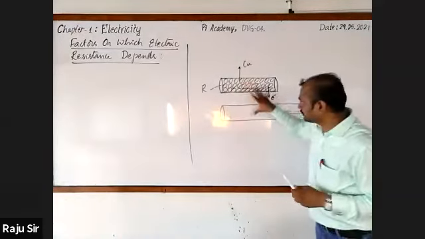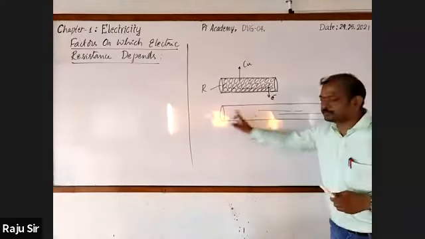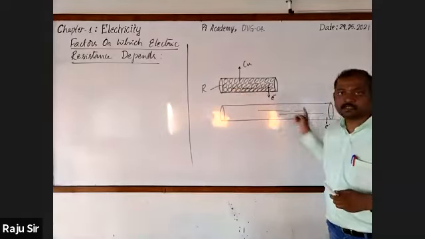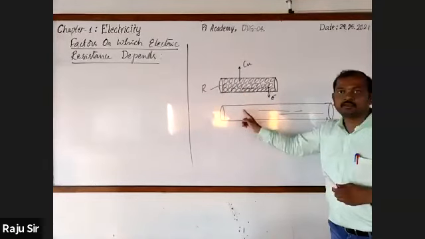From this, we can come to know that as the length of the conductor increases, the electric resistance, what happens? Increases.